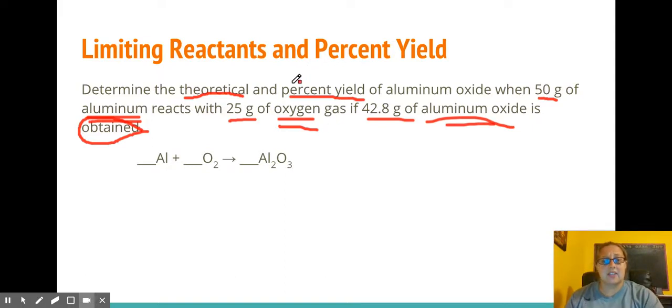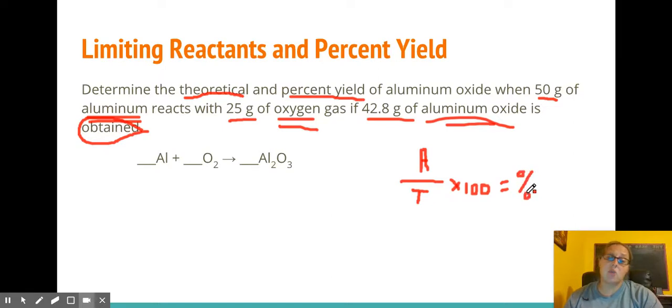The second thing is, what is percent yield? Percent yield is found from the actual yield, so I'm just going to put an A, divided by the theoretical yield times 100. Now, actual yield is what is given to me in the problem or what I figure out in my experiment.